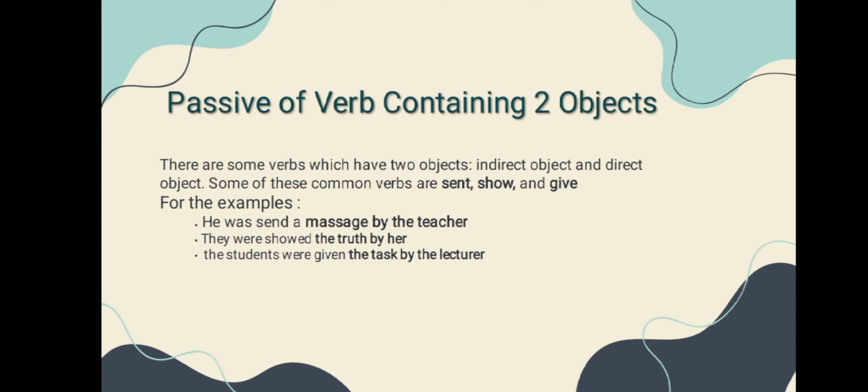Same as the first example. Now look at the second example. The truth is the indirect object, and by her is the direct object. Okay.